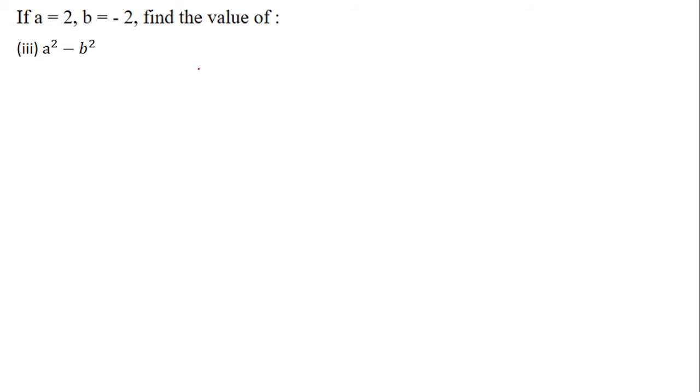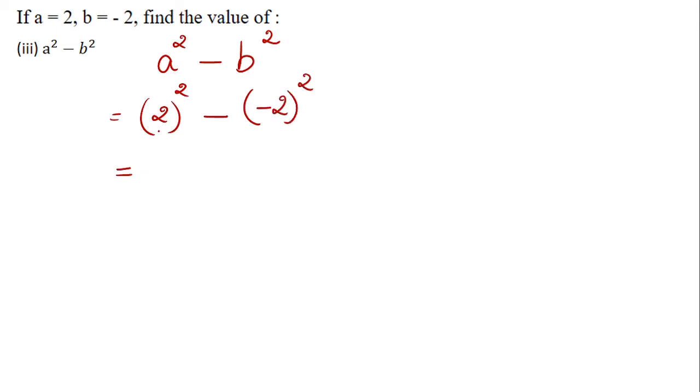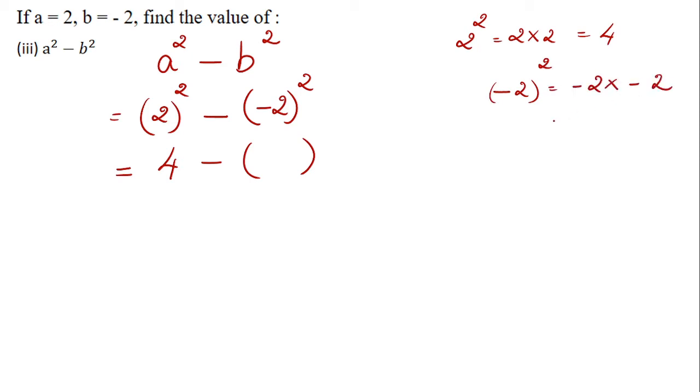Here they've asked us to find out the value of a square minus b square. So a is 2. 2 square minus 2 square. That's equal to 2 square is 2 into 2, that's equal to 4, minus, now minus 2 square is nothing but minus 2 into minus 2.